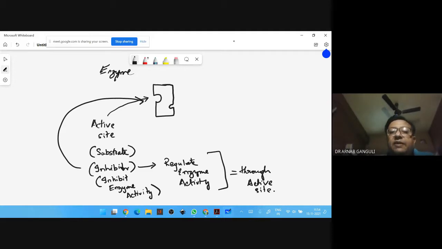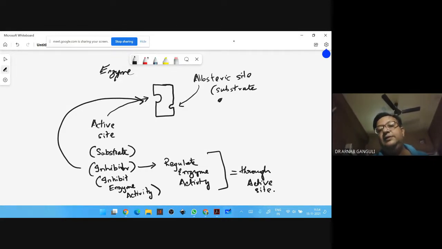At the same time, you have other sites known as allosteric sites. Substrate does not bind here.